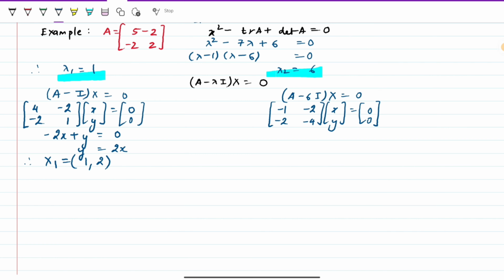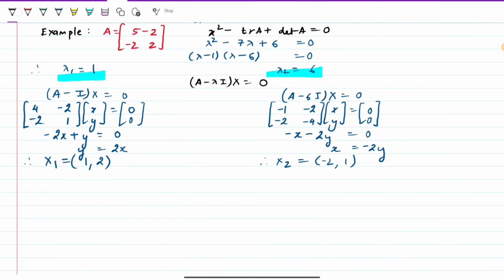Again, the second row is 2 times the first row. That means it's a linear combination. This particular matrix system will reduce to the equation -x minus 2y is equal to 0, which gives us that x is equal to -2y. So if we plug in the value of y as 1, we will get x as -2. So thus x2 equal to -2, 1 is the eigenvector corresponding to lambda equal to 6.